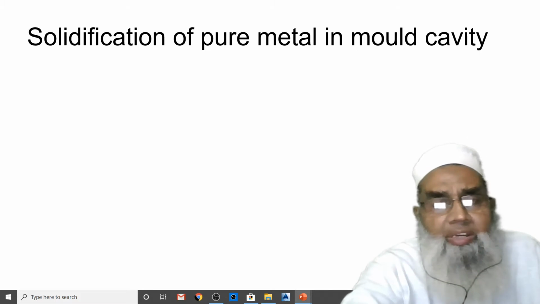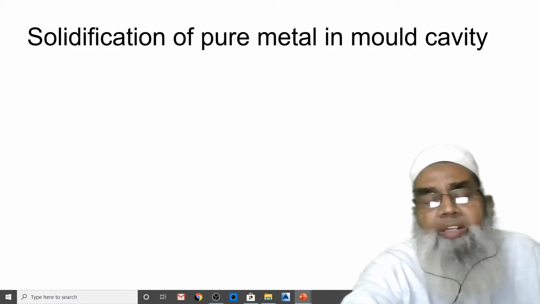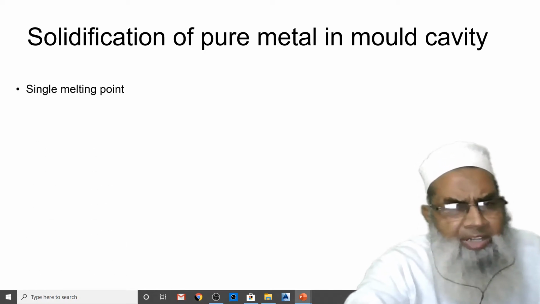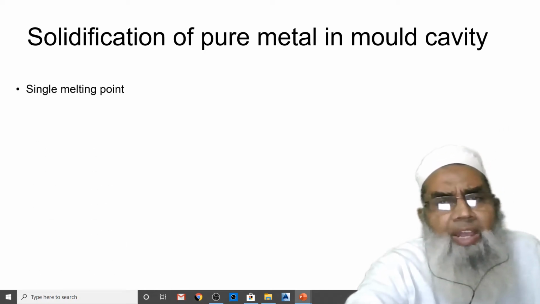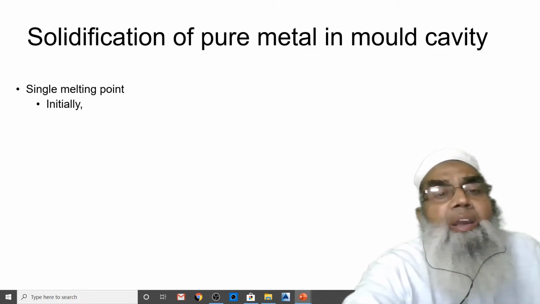Now, taking those things in view, we want to discuss the behavior during solidification of pure metal in the mold cavity. One very important thing is that pure metal has a single melting point.